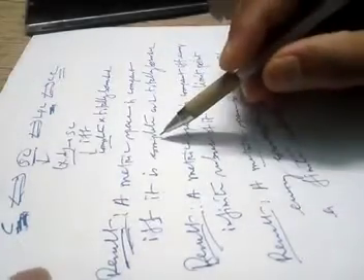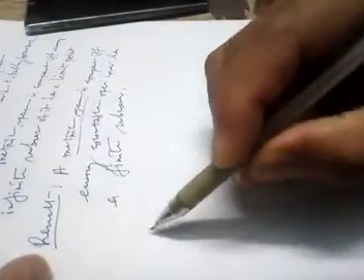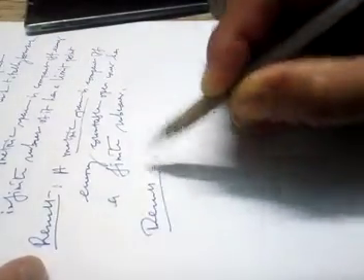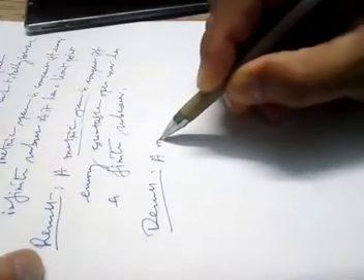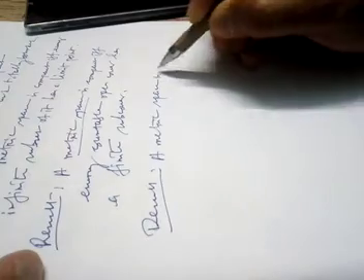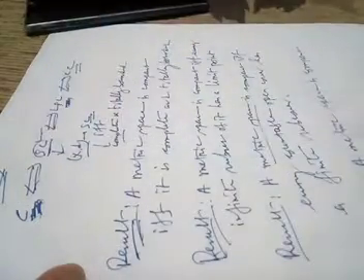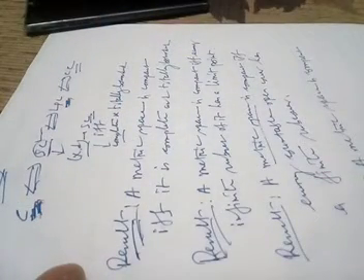Another result, using the characterization of sequential compactness, I should mention here: a metric space is compact if and only if it is sequentially compact. Sequentially compact means every sequence has a convergent subsequence.